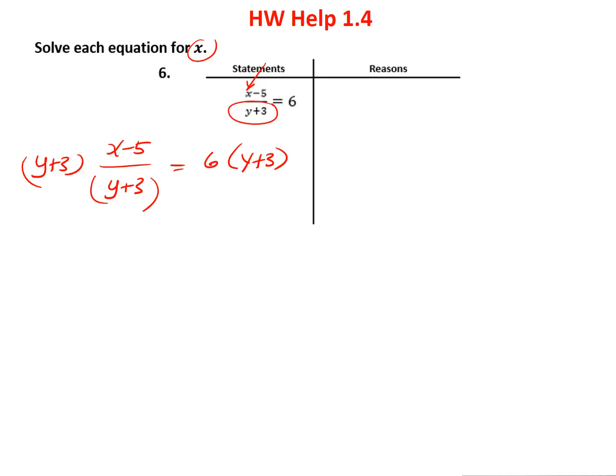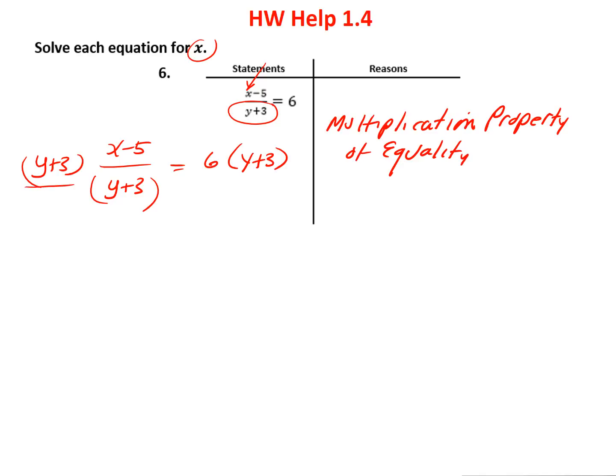Okay, this is our multiplication property of equality. Notice I multiply both sides by the same number. On this side, y plus 3 divided by y plus 3 is 1.